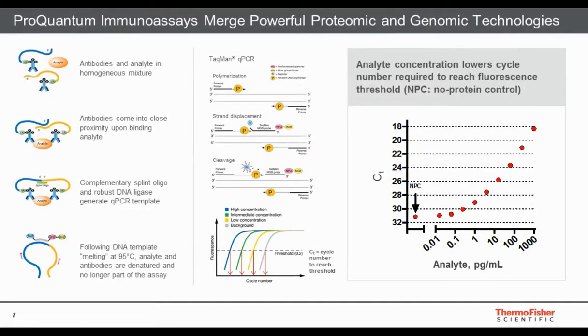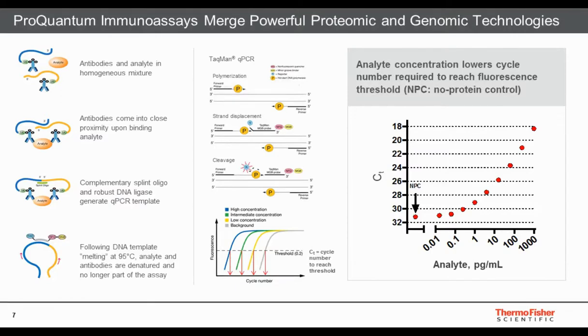So how do these assays work? Similar to sandwich ELISAs, we again have an antibody pair, two antibodies binding to different epitopes of the target analyte.